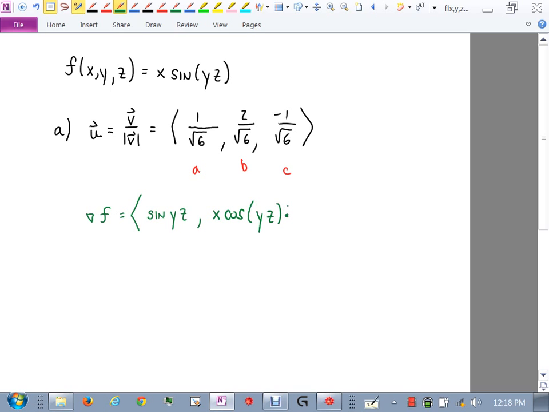Derivative of the inside with respect to y though is z, right? And then the derivative of that with respect to z is x cosine yz, this time times y, yeah? Seems to me like perhaps these derivatives are the things that are going to hang you up a little bit here. Got to get comfortable with these derivatives though.